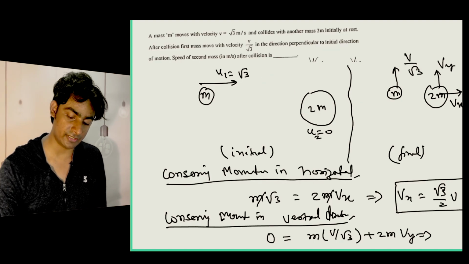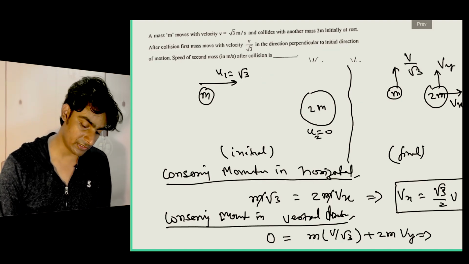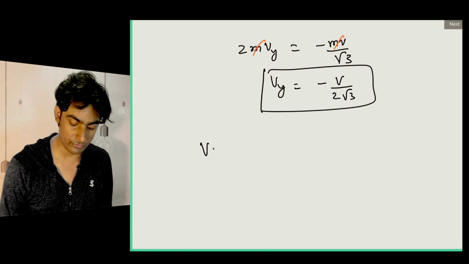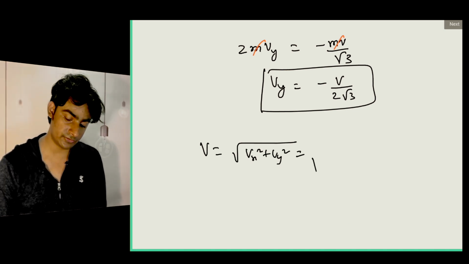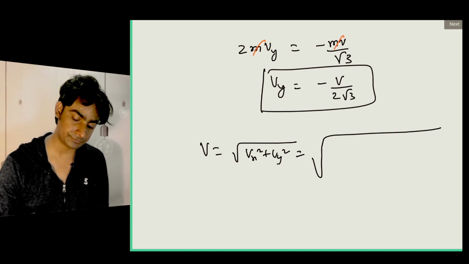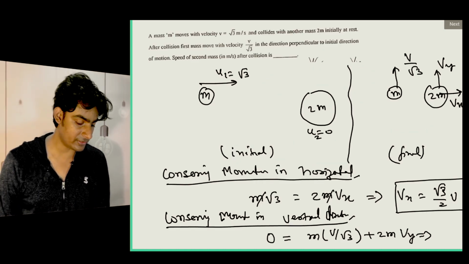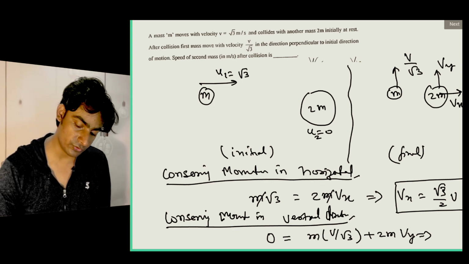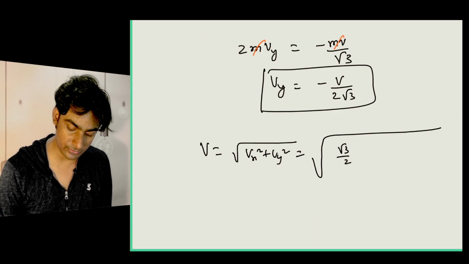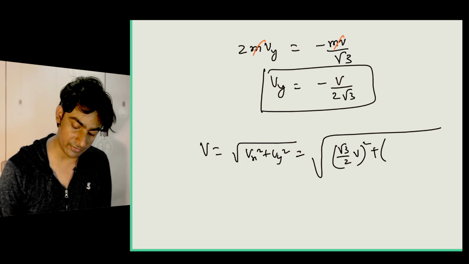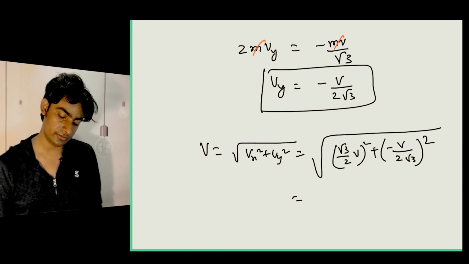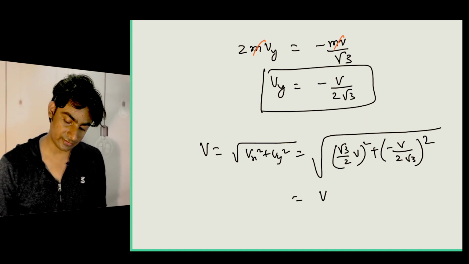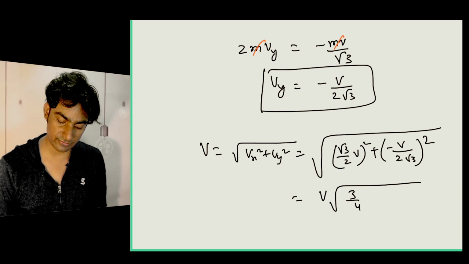Once we get vx and vy, the speed of the second mass after the collision will be v equals root of vx square plus vy square. Vx is root 3 by 2v, so root 3 by 2v square plus vy, minus v by 2 root 3 square. When you square it, I will get root of 3 by 4 plus 1 by 12.